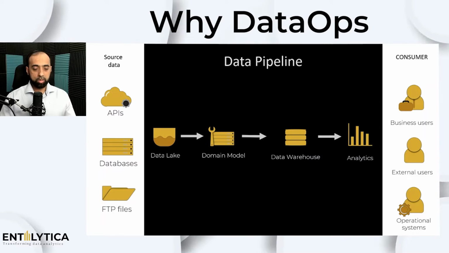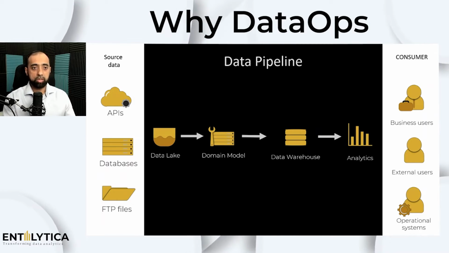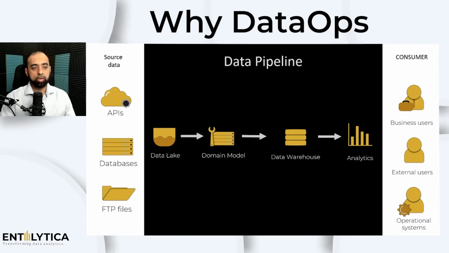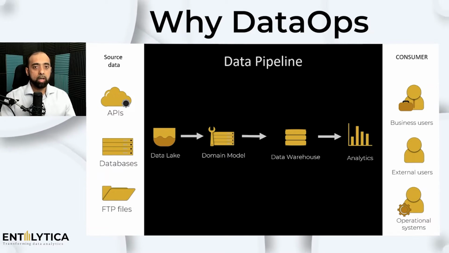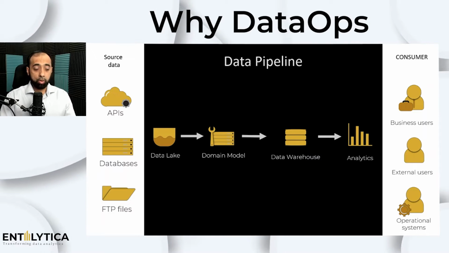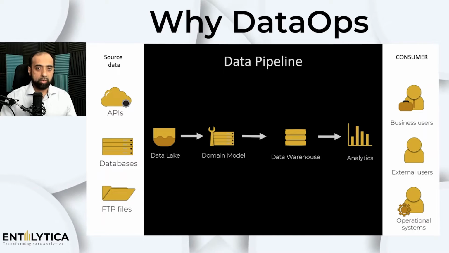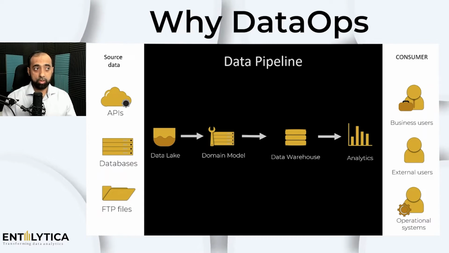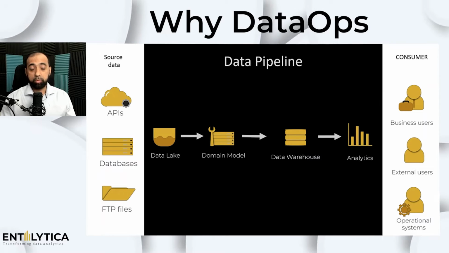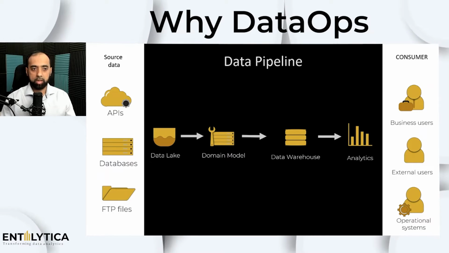Now, for a business user, they might say it's just a small change, but the impact of that change is across a lot of different systems who are using that in the, let's say, data mart. Even from the domain model, different other operational systems are using that. So there's a lot of knock-on effect which happens when you change the ETL in a job, and those are the things which slow teams' progress down.